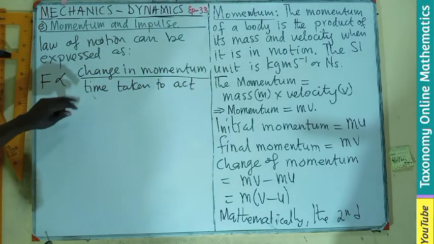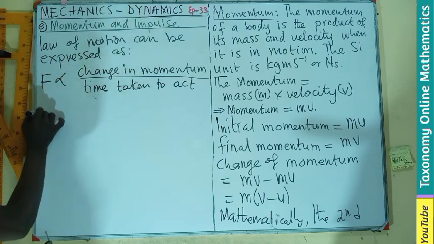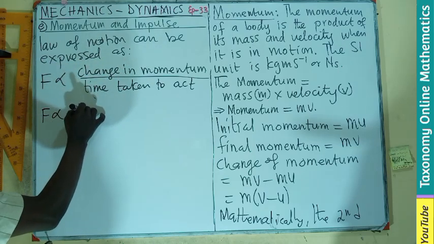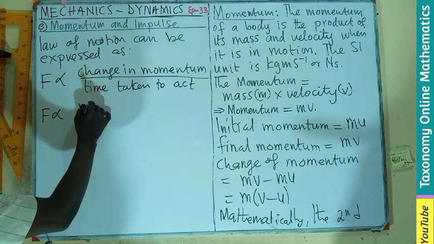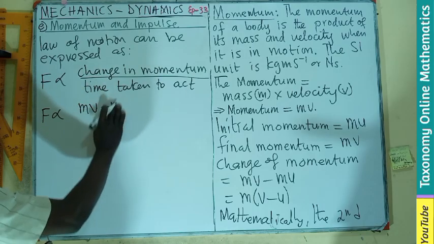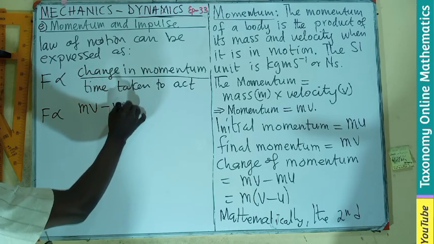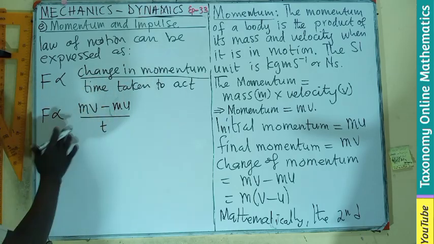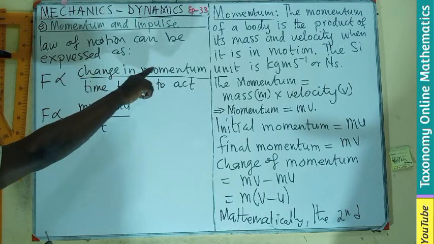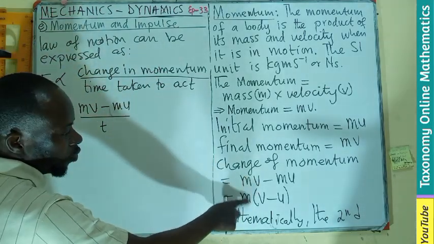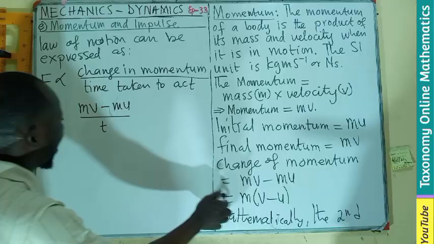taken to act. So remember, the change in momentum, we can have this as mv minus mu, divided by t, mathematically. The change in momentum which we have here, we can still remember is taken as this.